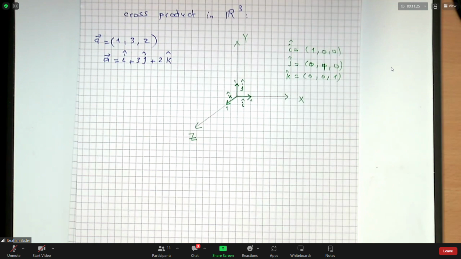I'm going to omit these hats later, but it is IJK that we will ultimately be using. So this is just the same vector. You interpret it as: this vector has 1 unit in the x direction, 3 units in the y direction, and 2 units in the z direction. Okay, everyone agrees on this notation?